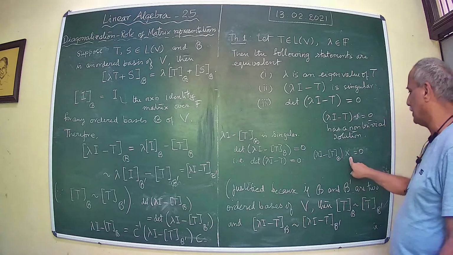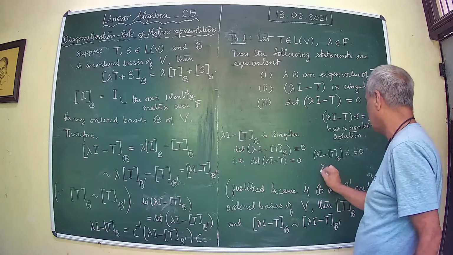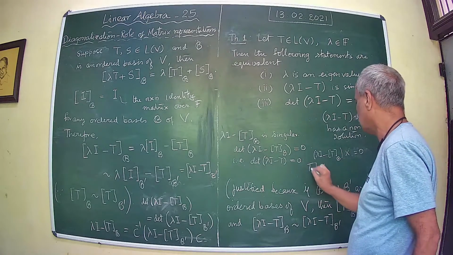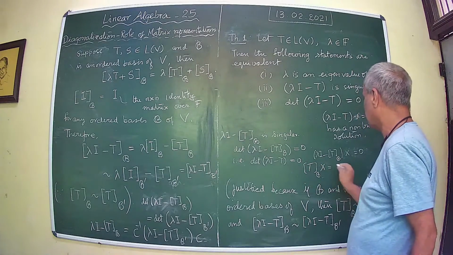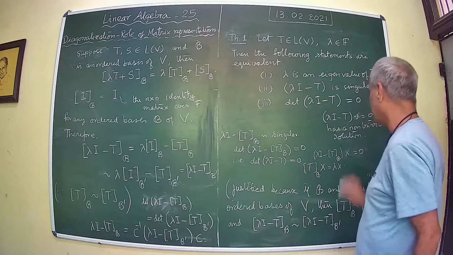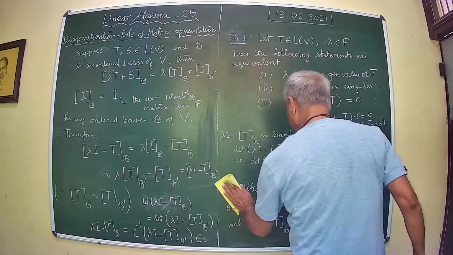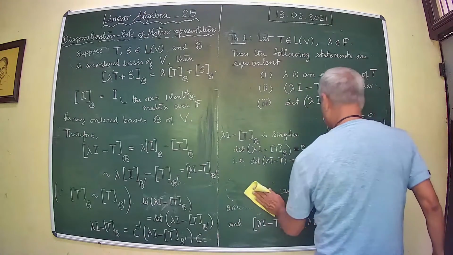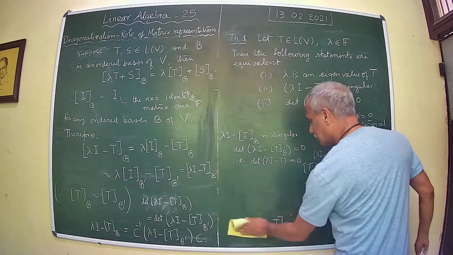That means x is an eigenvector of T_B with reference to this basis, belonging to the eigenvalue lambda. Okay? What does it mean?